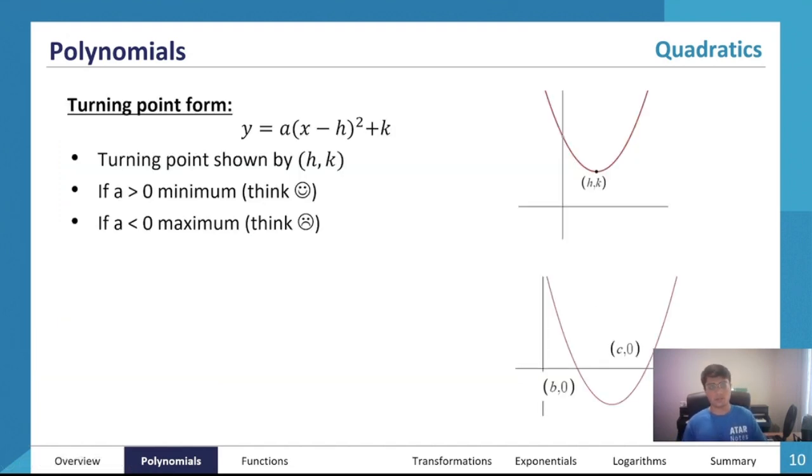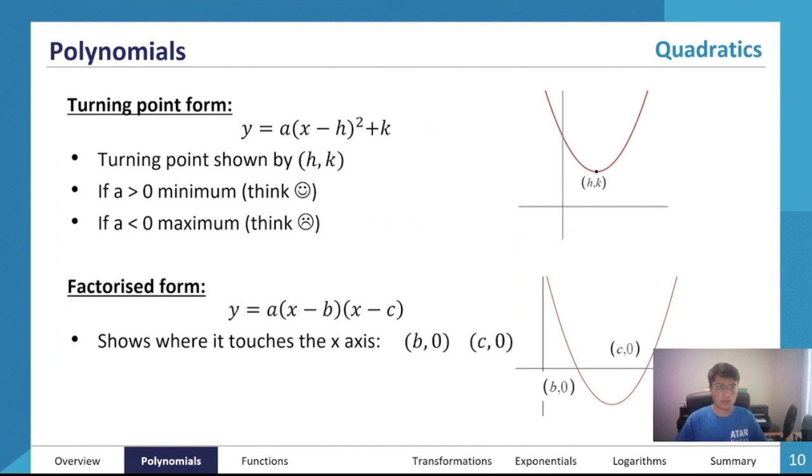Okay, so we've first got turning point form and factorized form. In terms of just looking a little bit into more detail on that face value key info that each of these forms gives us, the turning point form tells us where the turning point is. So graphically, it would look something like this. That's the turning point right there, h and k.